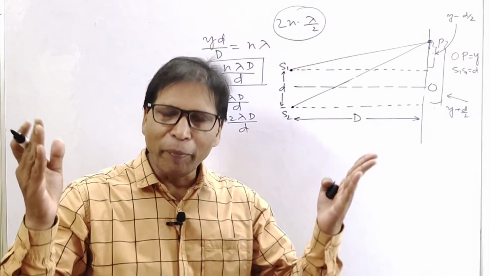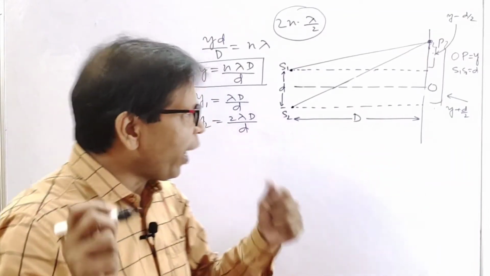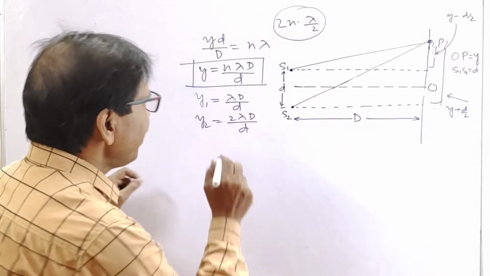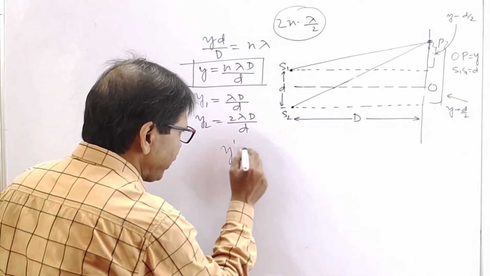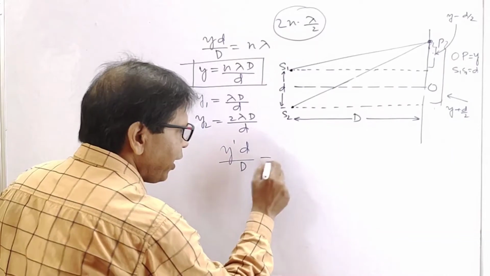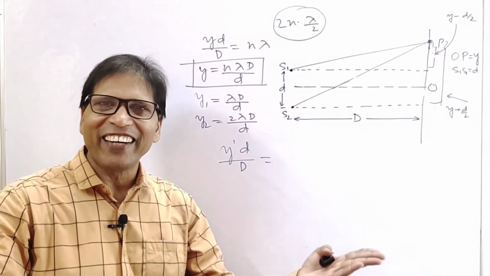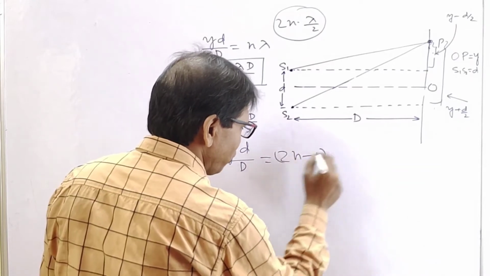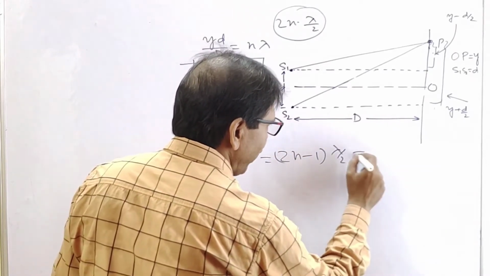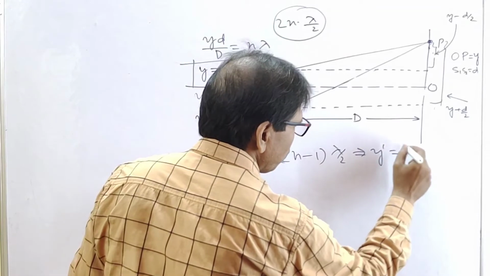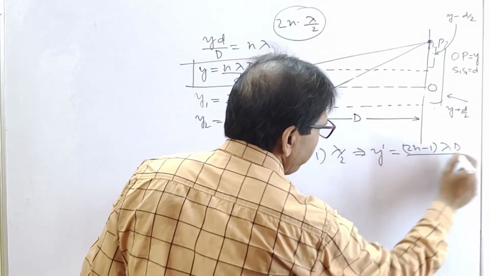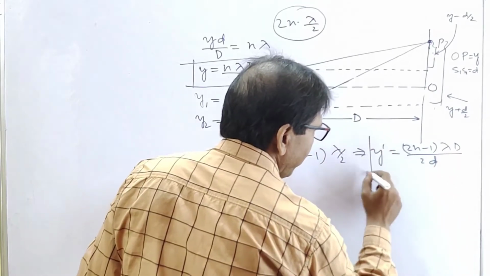For minimum, if y dash is the distance of a minimum from the center of the screen, then the path difference y dash small d by capital D is an odd multiple of lambda by 2. So this is (2n minus 1) into lambda by 2. So y dash equals (2n minus 1) lambda D divided by 2d.